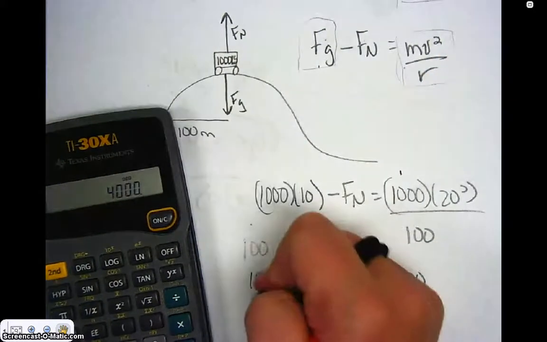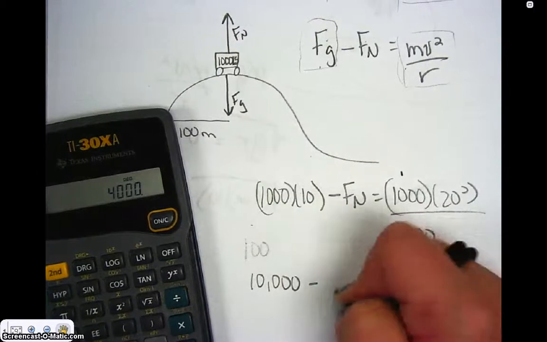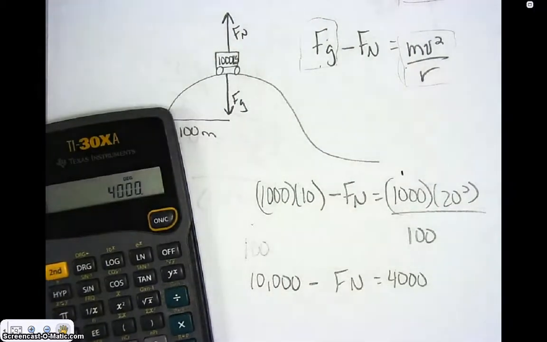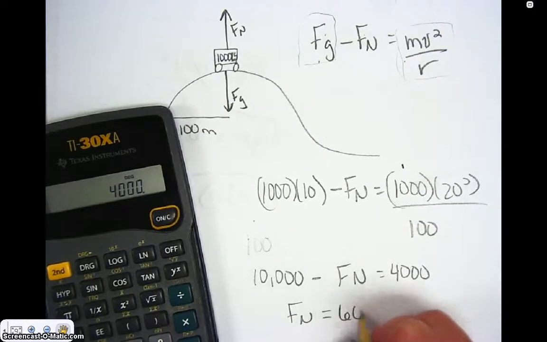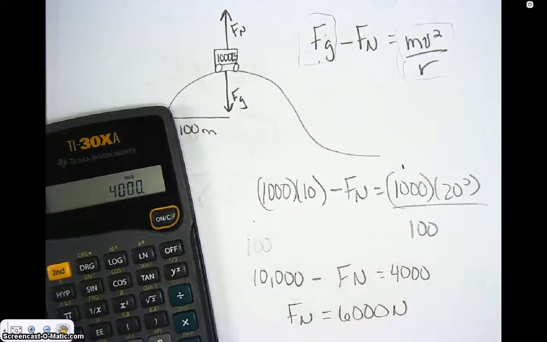So you get 10,000 minus Fn equals 4,000. So Fn in this case is equal to 6,000 newtons.